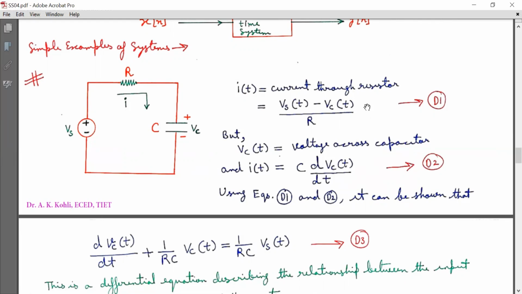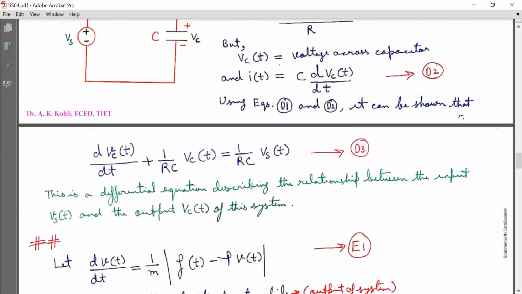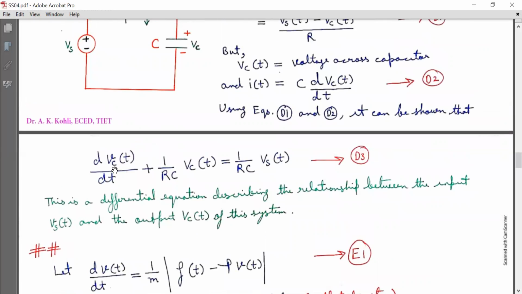Now using equations D1 and D2, it can be shown that d by dt Vc(t) plus 1 by RC Vc(t) is equal to 1 by RC Vs(t). Mark it as equation D3.